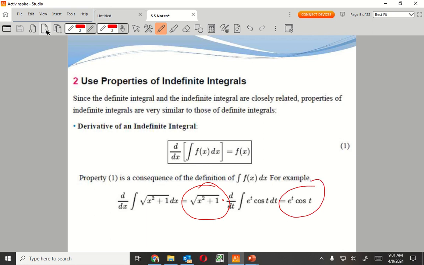So we're breaking it up into the separate parts. The derivative of the integral is going to give me the same thing, just like this one right here. The derivative of the integral is going to give me the same thing. I should have a space in between those two so you can see the difference.